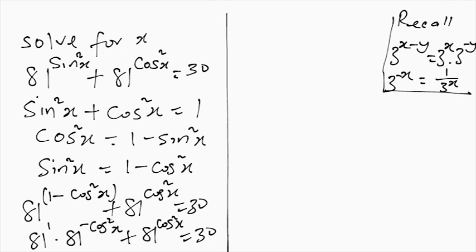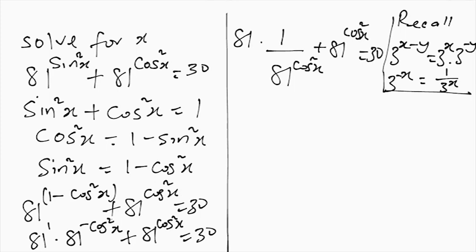So if this is anything to go by, our expression can become 81 multiplied by 1 over 81 raised to the power cos square x, plus 81 raised to the power cos square x, which equals 30.